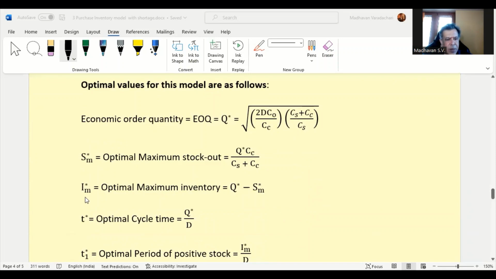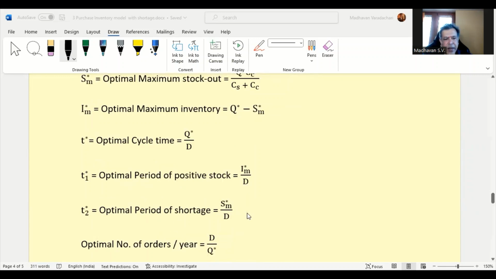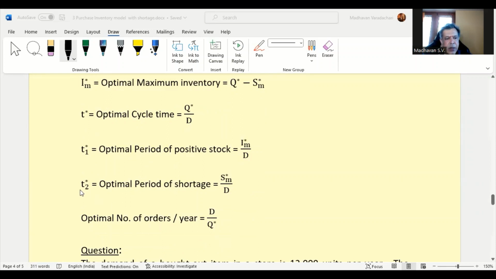And we know optimal maximum inventory will be the difference between these two. T star is optimal cycle time, which is Q star divided by D. T1 star is optimal period of positive stock, which is Im star divided by D. T2 star is optimal period of shortage, which is Sm star divided by D. And optimal number of orders per year is D divided by Q star.